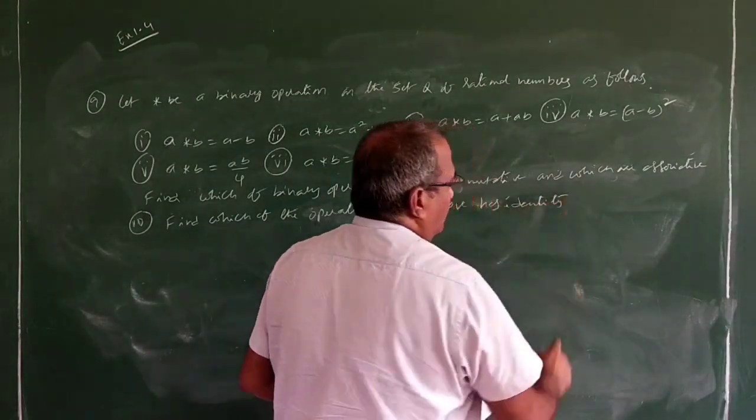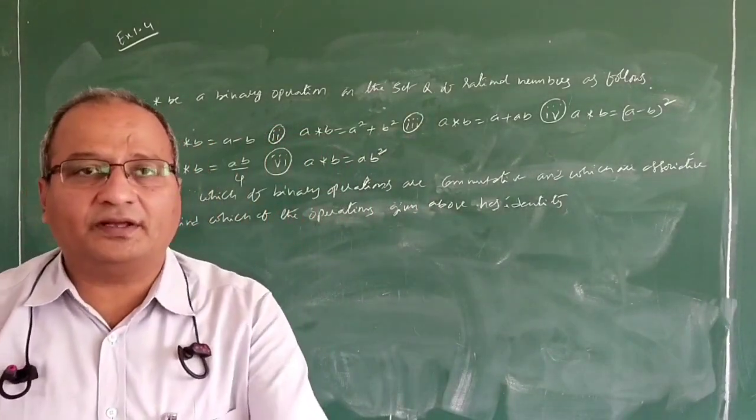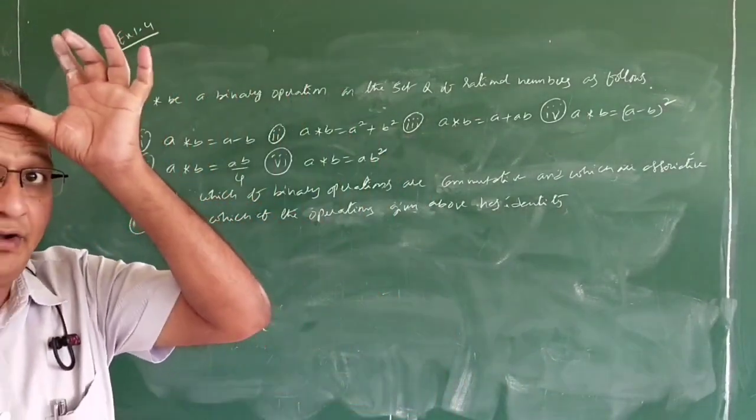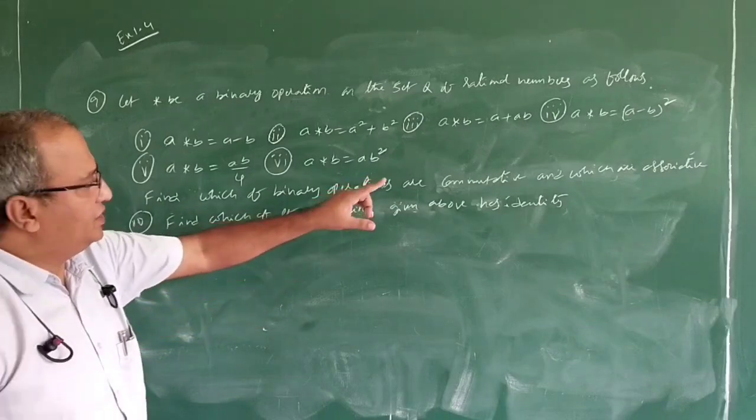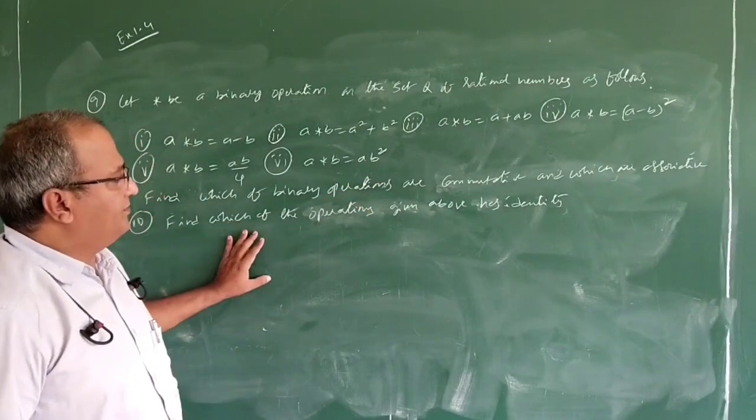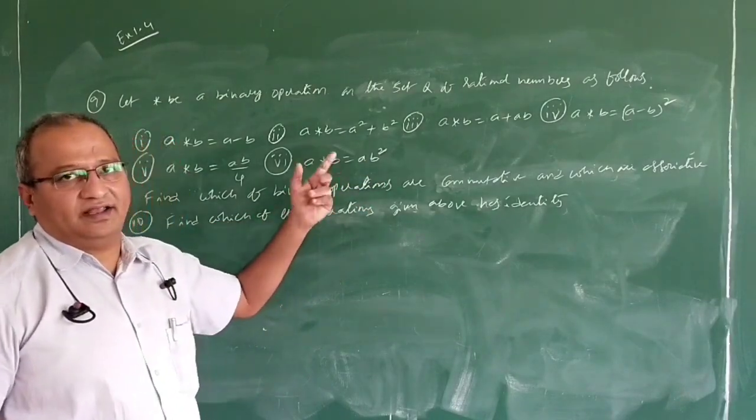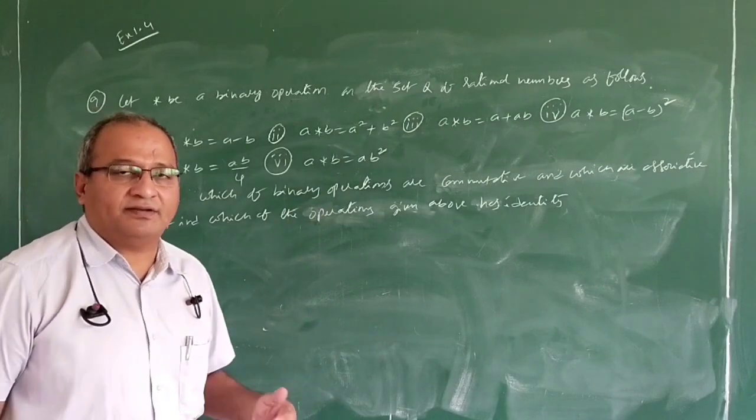See, totally what is being asked is that in every binary operation we have to check 3 properties. One is commutative, next is associative, and thereafter we have to find identity if it exists. Sometimes it may exist, sometimes it may not.